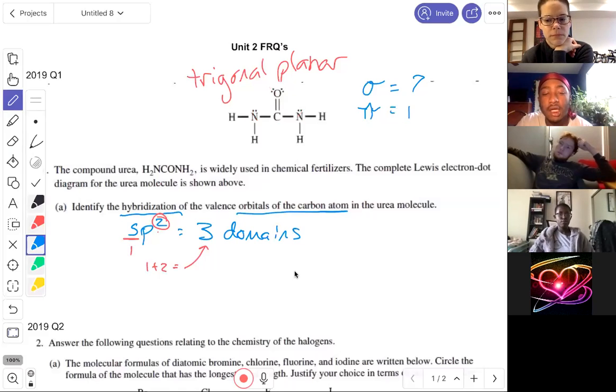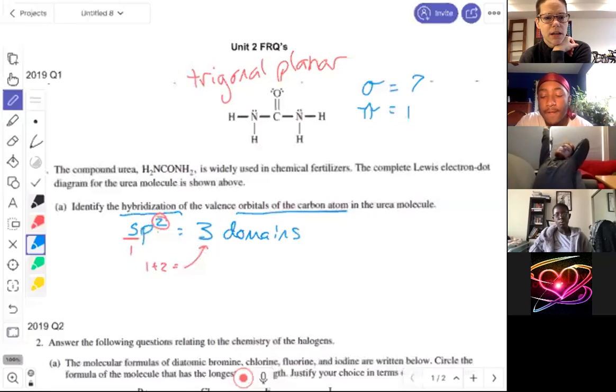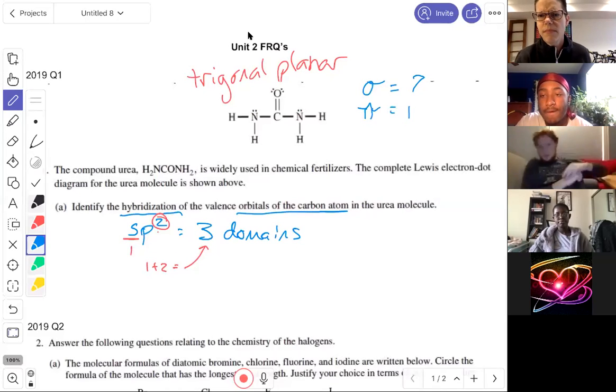Do we need to know the difference, or do we always go with the individual shape, like bent? The first one is the larger category. Okay, I know what you mean. Let me pull that up.